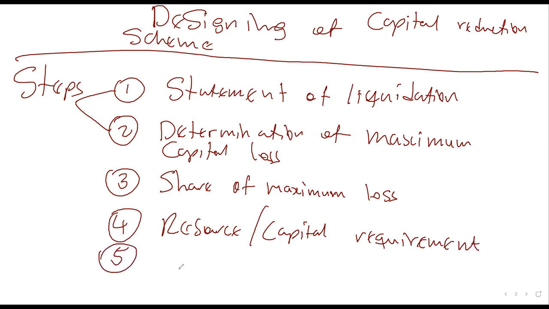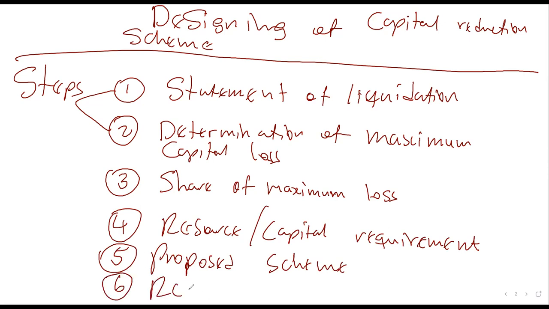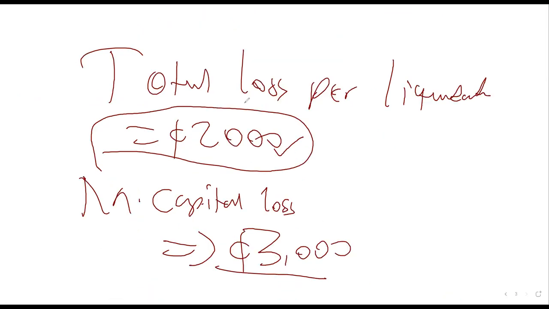Step 5, proposed scheme. It's a story, write your proposed scheme. Then step 6, we call it the resultant statement of financial position.